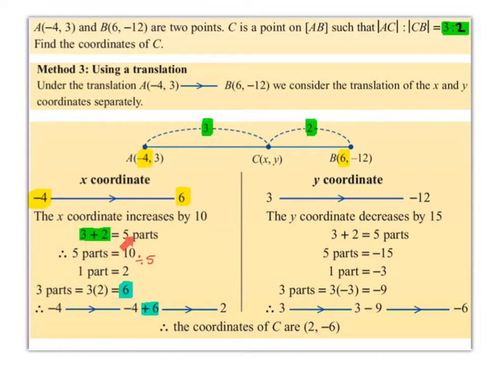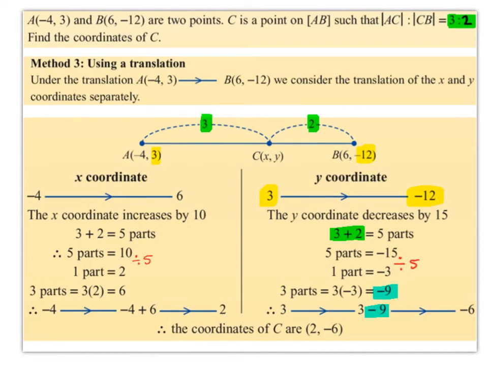And 3 plus 2 is 5 parts. That's the ratio that was given. So 5 parts is equal to 10. So dividing by 5, we say 1 part is equal to 2. So 3 parts must be equal to 3 multiplied by 2, which is 6. So we start at minus 4, and then we add on 6 to the minus 4, and we get to 2. So our x value is 2.